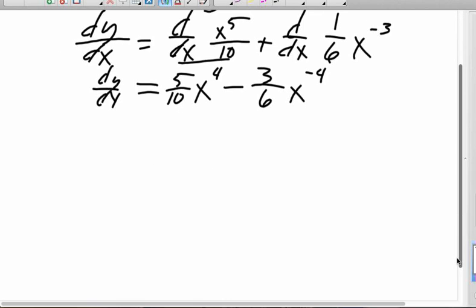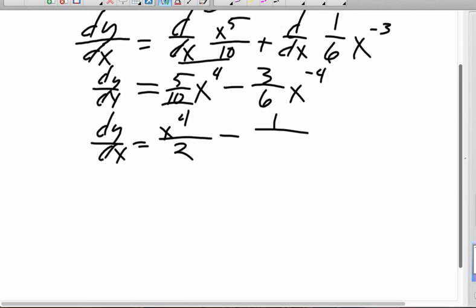And then I'm going to go ahead and rewrite this, so dy dx is going to equal x to the 4th over 2, simplifying that, minus 1 over 2x to the 4th.